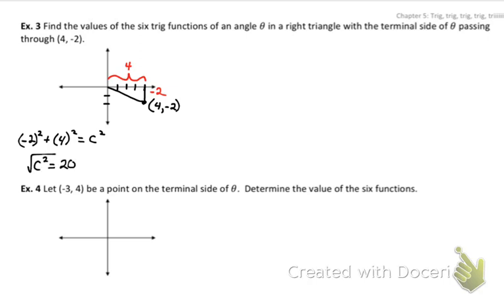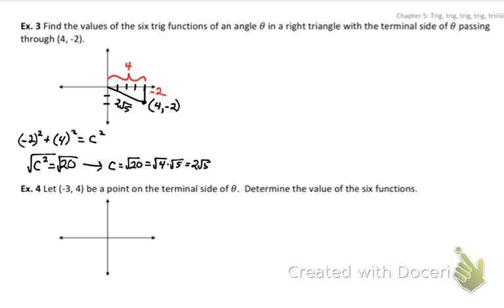We're going to take the square root of both sides. That'll give me c equals the square root of 20. 4 goes into 20, so I can reduce that down to square root of 4 times square root of 5, which just equals 2 square root of 5. So our hypotenuse will always be positive.